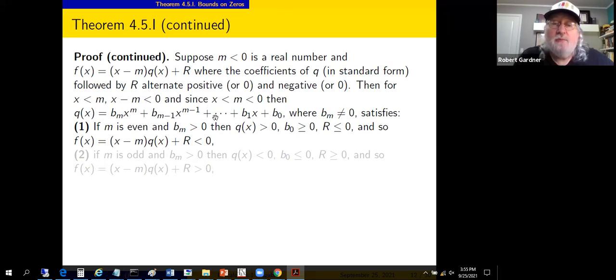If I go 2 terms over, remember we had positive or negative along with a 0. If I go 2 terms over, the same argument works. Over here at b sub m minus 2, the coefficient will be non-negative, positive or 0. And the x value raised to the m minus 2 power, that'll be a negative number raised to an even power. That'll be positive. So 2 terms over, we'll also have something that's non-negative.